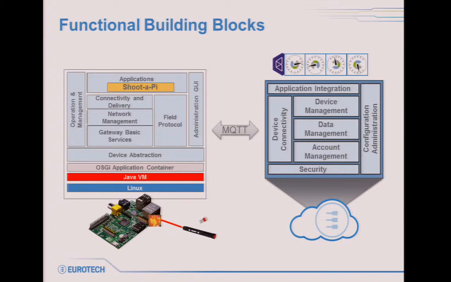Do you have to use some special sensors that are recognized by this architecture, or can you take any sensor and plug it into this Raspberry Pi? Yes, theoretically, yes. Then it depends on how the sensor transmits the data. If this sensor would use a transmission protocol that is not yet supported, then you have to add a new field protocol.